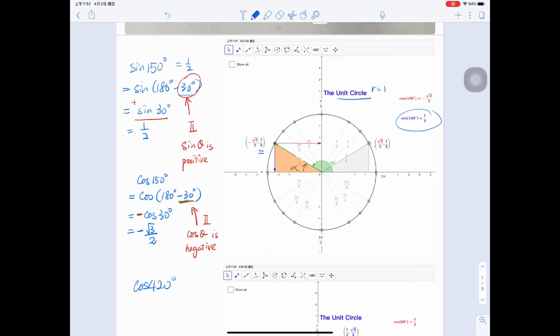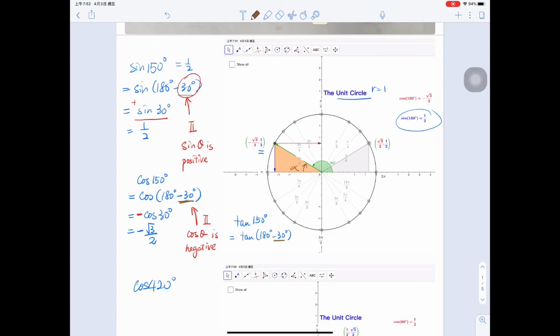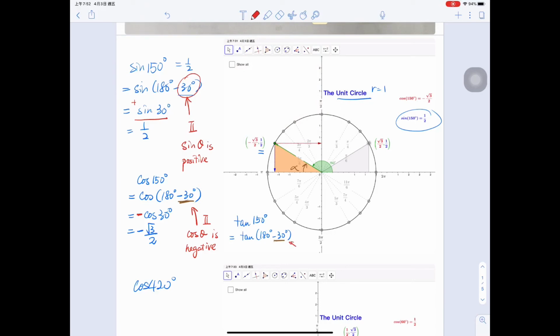Okay, clear? At the same time, if you ask me, how about tangent 150 degrees? Then you see that tangent of 180 minus 30 degrees is related to the reference angle 30 degrees. And you need to think, tangent theta in quadrant 2 is negative again, right?